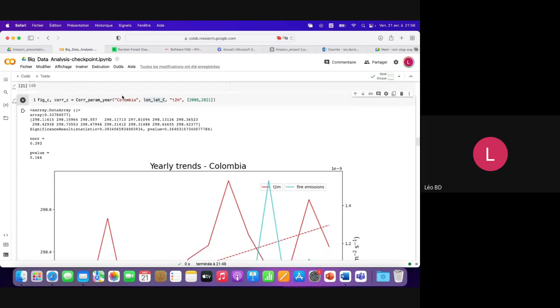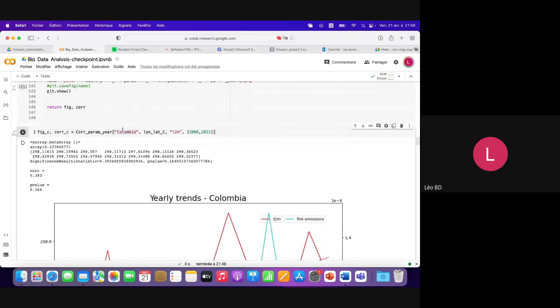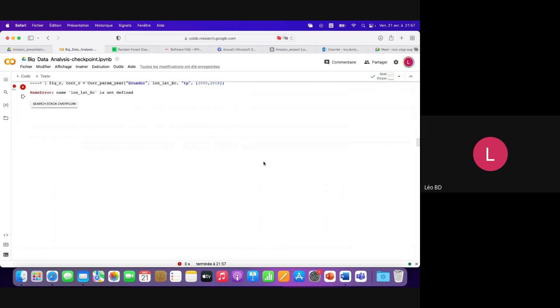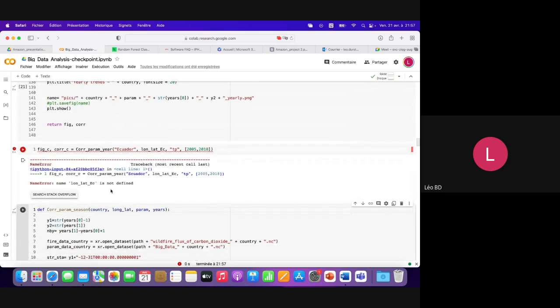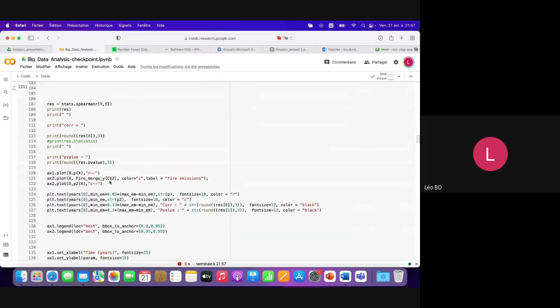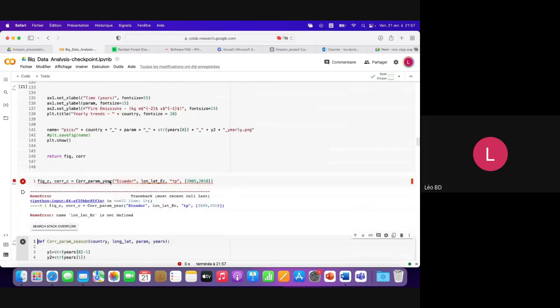We can try together. I hope it's gonna work because otherwise I have problems. We can try, for example, for Ecuador. I have to change each variable, and instead of trying temperature, we can try total precipitation from 2005 to, let's say, 2018, and let's see if it's gonna work. Hopefully it will, and it did not. Well, that's a bit sad.